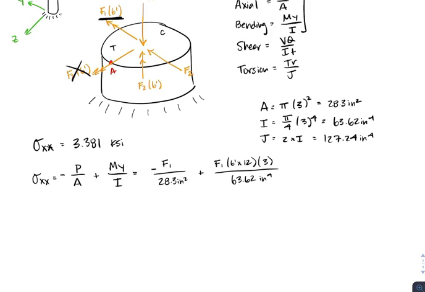The only unknown that we have is our F1 value, so when you solve that algebraically, F1 should come out to be 1.0063 kips, which is also equal to 1,006.3 pounds.